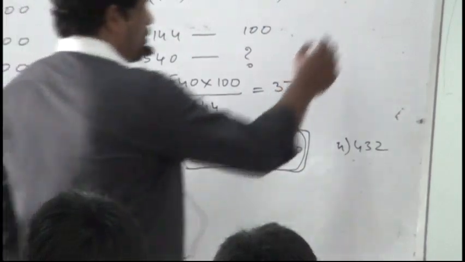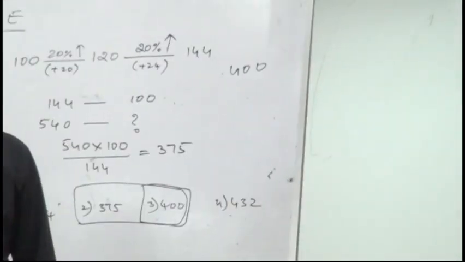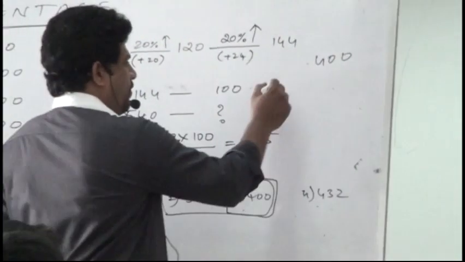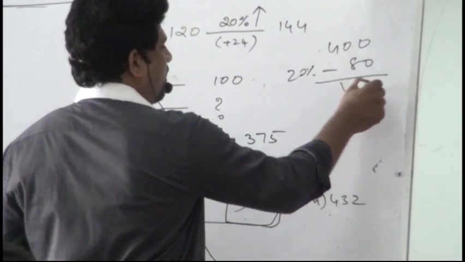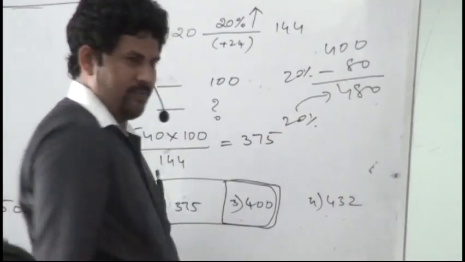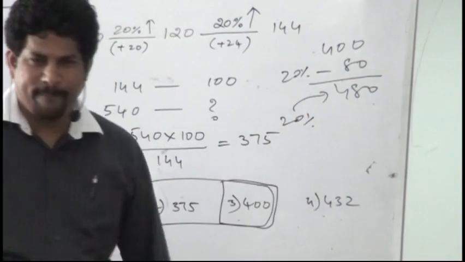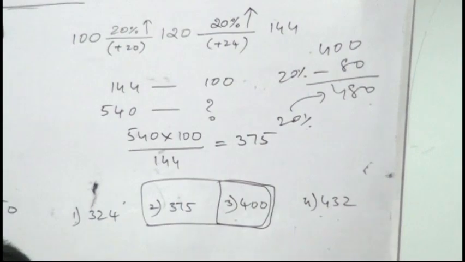400. What is 20% of 400? 10% is 40. 20% is 80. So first 20%, 80. So 480. Again we need to calculate another 20% on this. What is 10%? 48. 20%? 96.